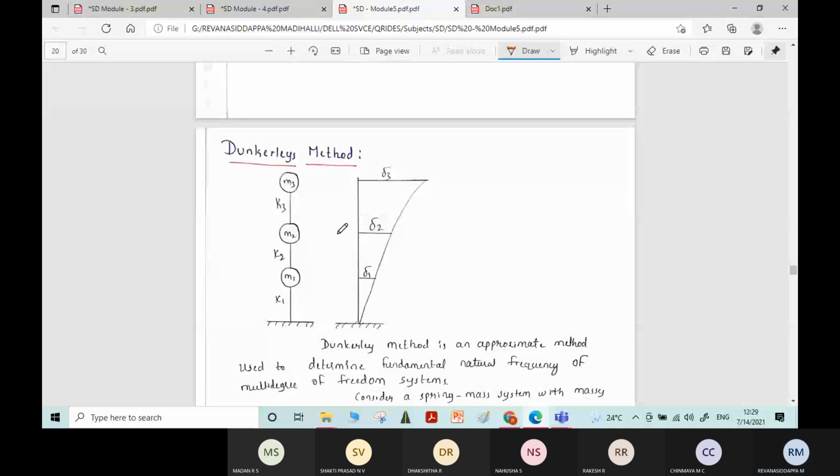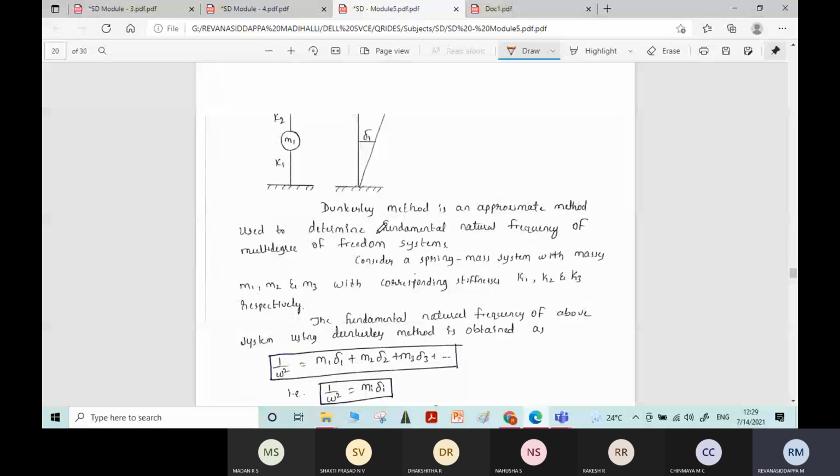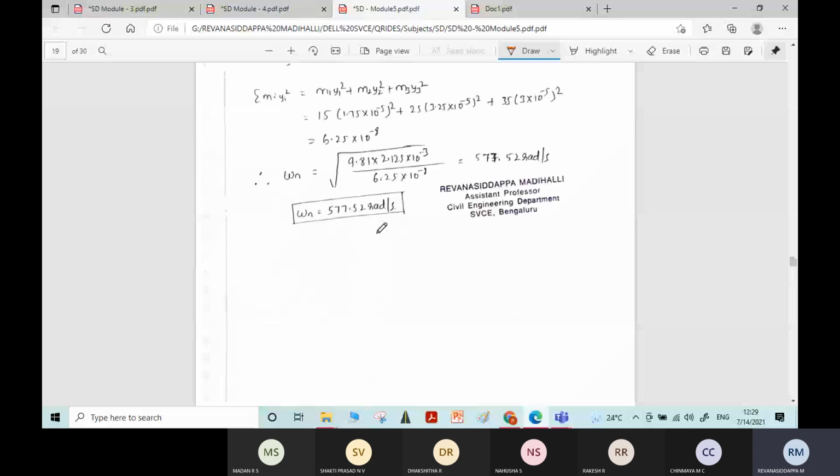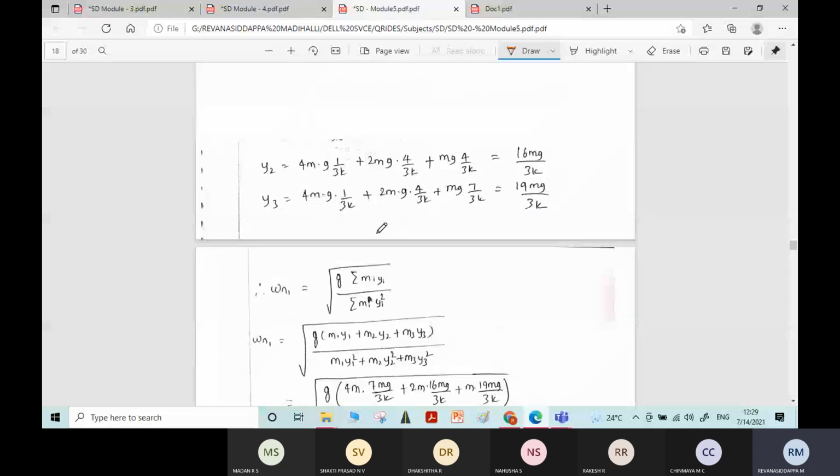They will definitely ask problems on Stodola's method and derivation. Out of two derivations, you may get one. And they may ask you to write short notes on Dunkerley's method and Rayleigh's method. If they ask, you can just go through the theory part and write.